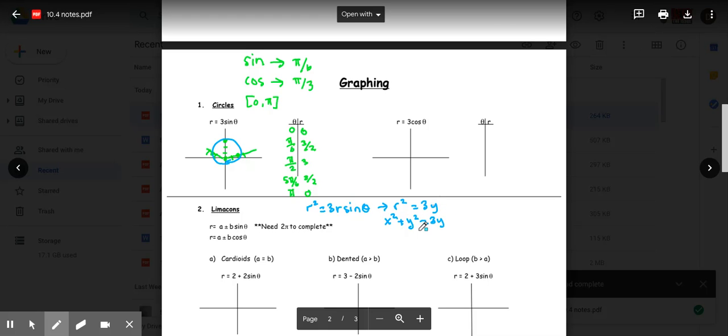And this is the equation for a circle, so I need to get it in that form. So I need to move the 3y to the other side, set it equal to 0. Okay, because I'm running out of room, I'm going to go up here. And then I'm going to complete the square for this part right here.